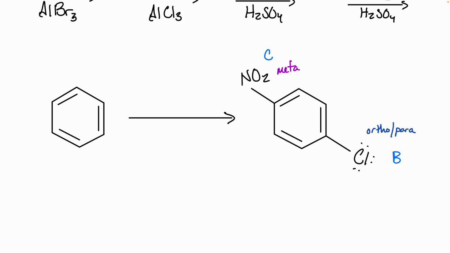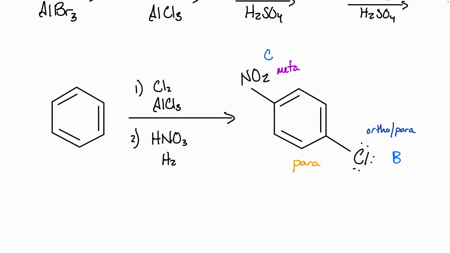Ortho, meta, or para? This is my para product, which means that the first reaction I'm going to have to do is one that will direct the next thing to that para position. So first, I'm going to do that chlorine and aluminum chloride, and then after that, I can do my nitration reaction.